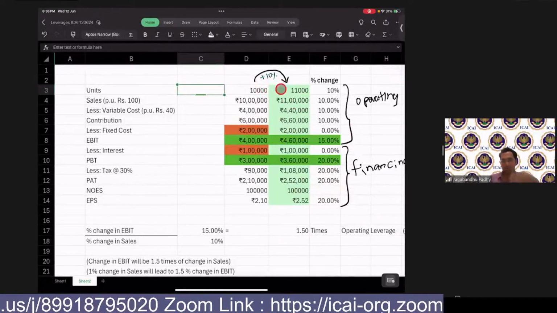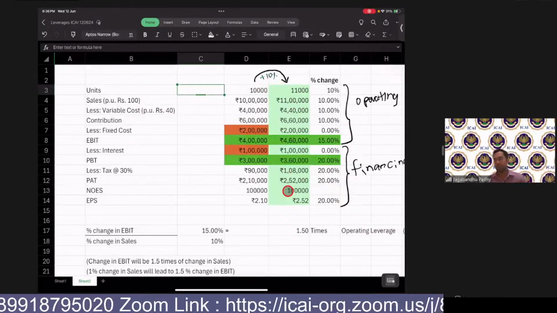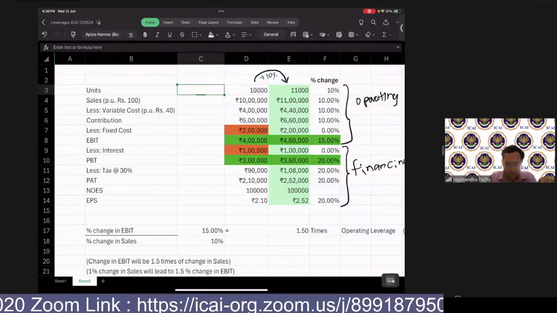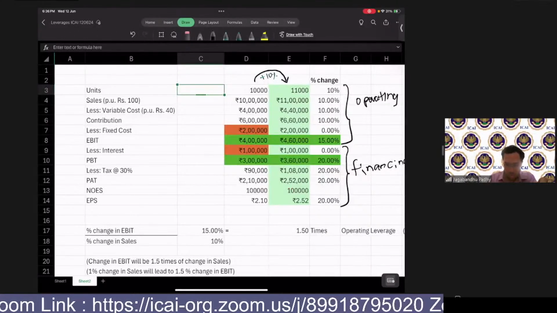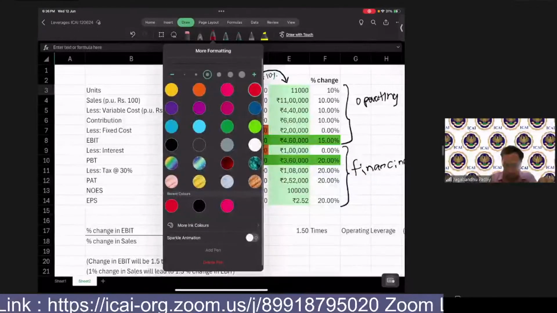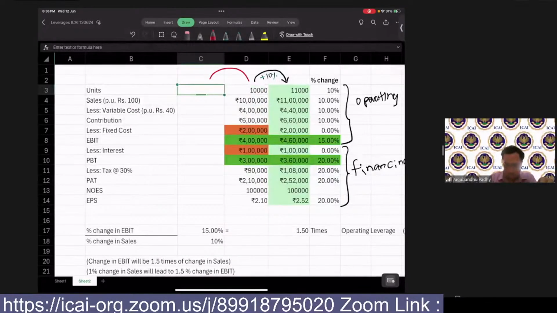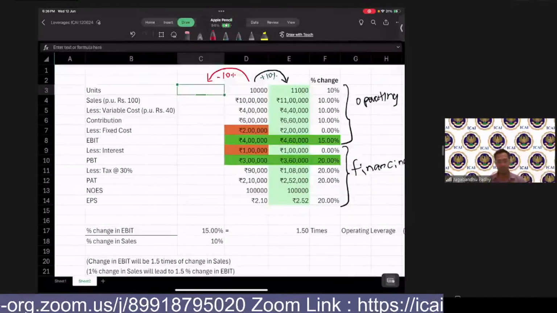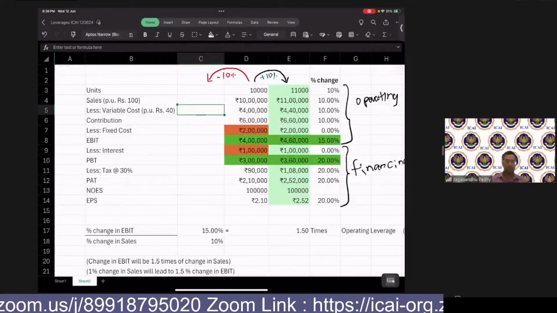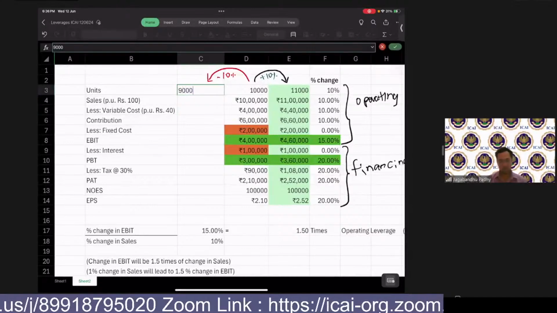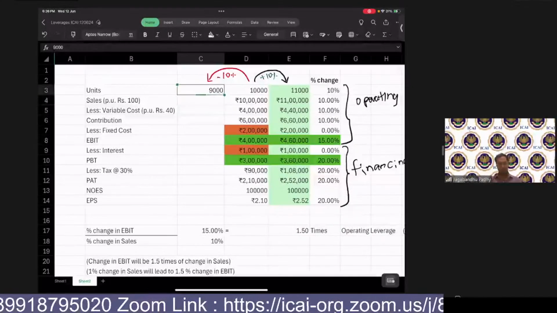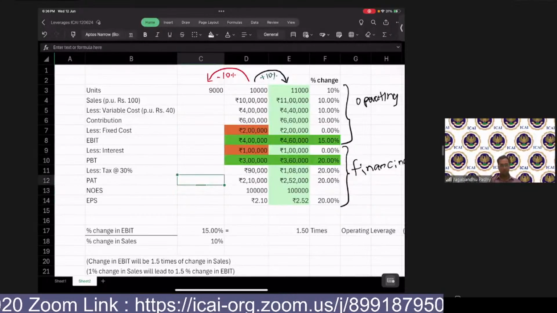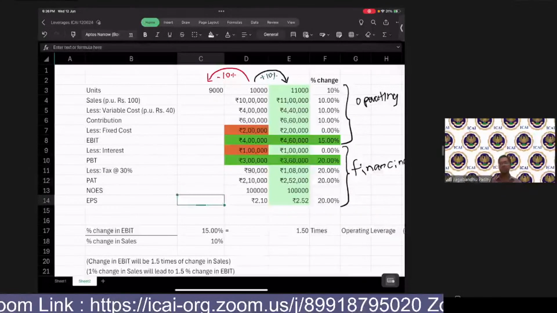When I increased them, everything was favorable and I was getting a greater percentage change. That was a good thing. Now we are going to reduce the units by 10%, so the units will be 9,000. For 9,000 units, try to calculate all the figures and give me the final EPS figure.